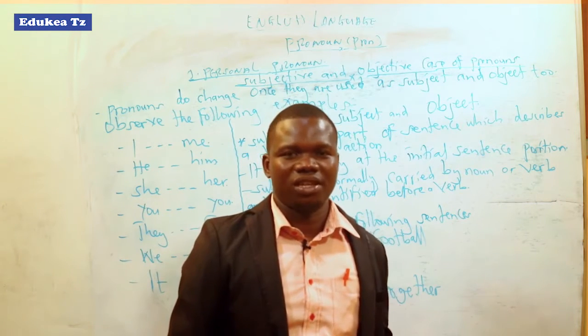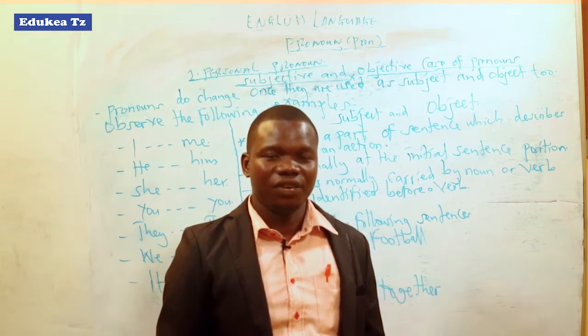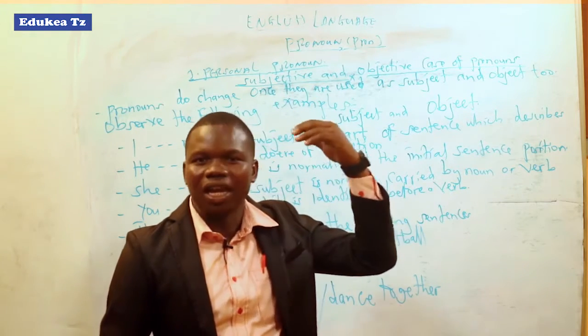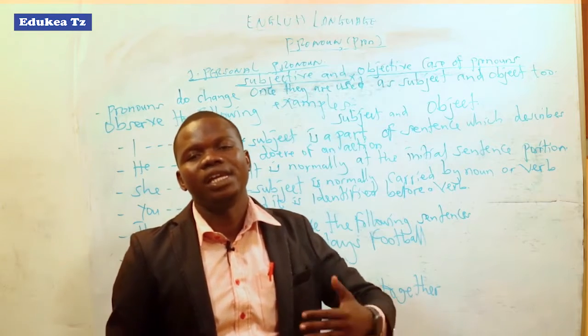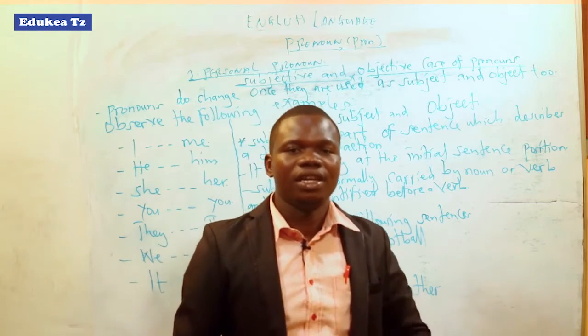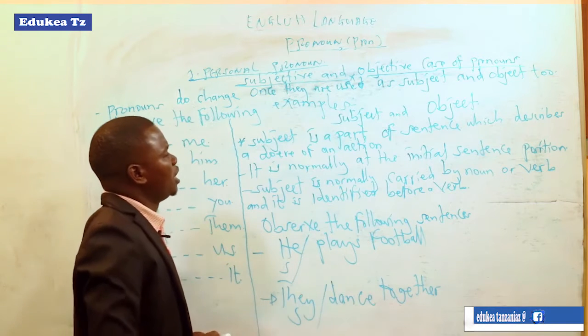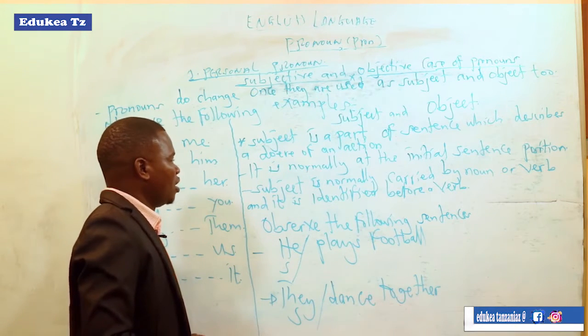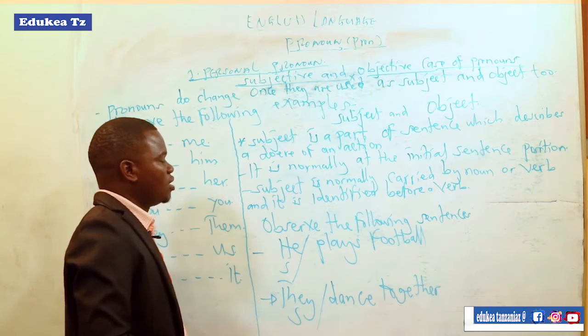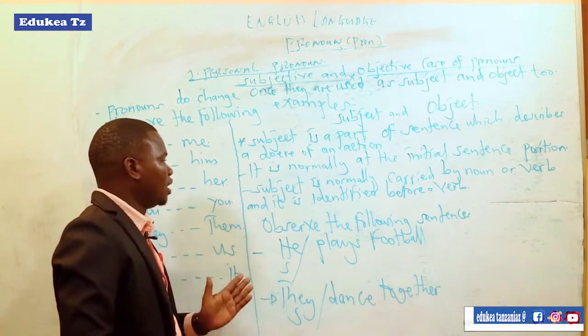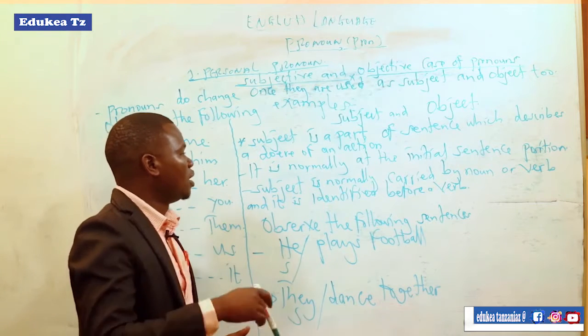So that is a subject. The subject is the first part of a sentence which shows a doer of an action. It is normally at the initial sentence position, so it is placed or written at the initial sentence position.